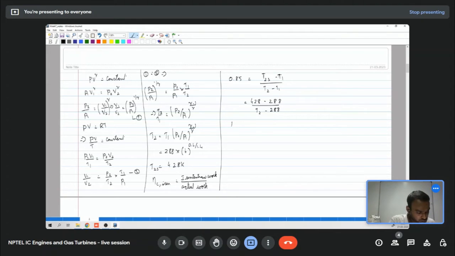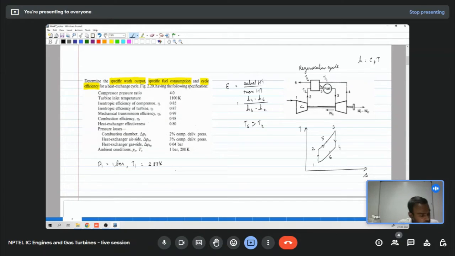So T2 is 428 minus 288 divided by 0.85 plus 288. So this is 452.7 Kelvin. This is the outlet temperature of the compressor.